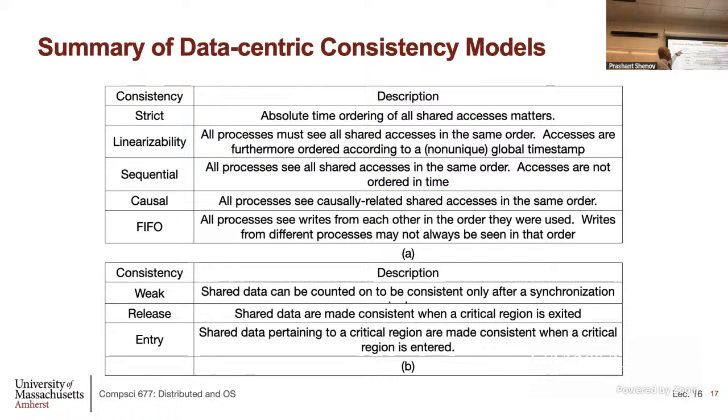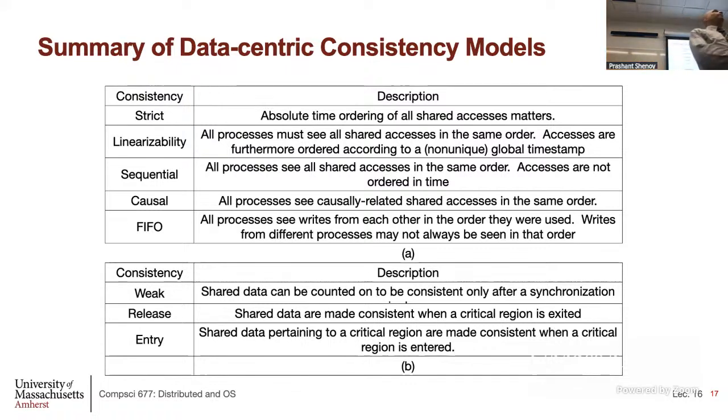We talked a little bit about linearizability, sequential consistency, causal consistency. Then I said a little bit about FIFO. So you're weakening these guarantees, and then you go to these other consistency models where you have weaker consistency guarantees at the granularity of acquiring and releasing a lock. So that's a spectrum of approaches.